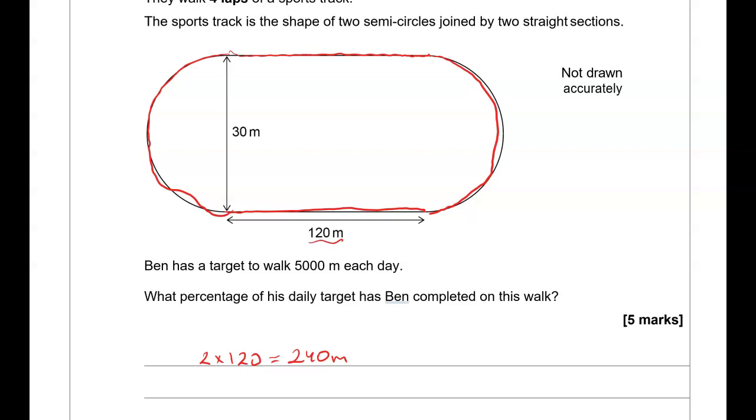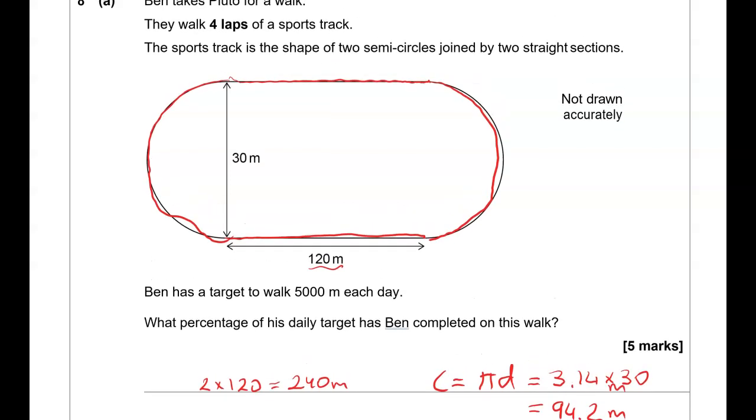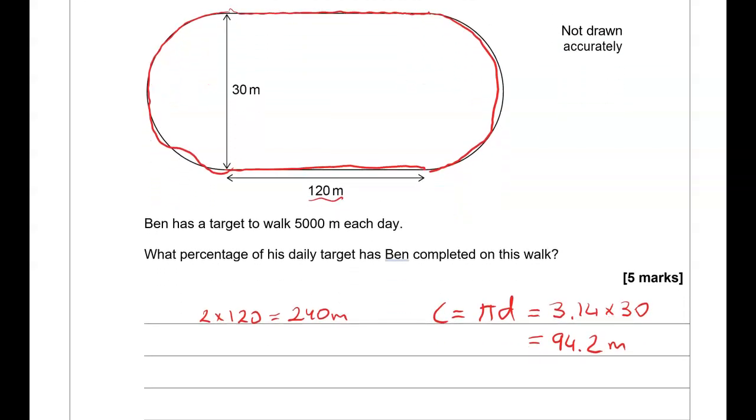So diameter is 30 meters, and pi, let's just use 3.14, but feel free to use 3.142 if you like. So times the 30 gives us 94.2 meters.